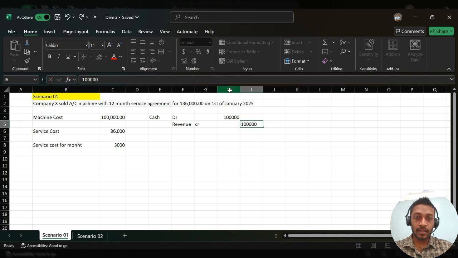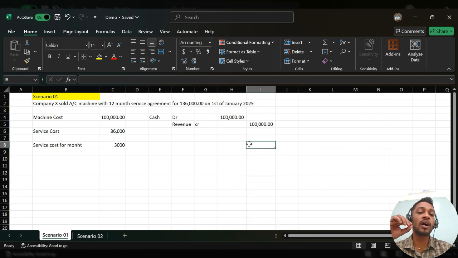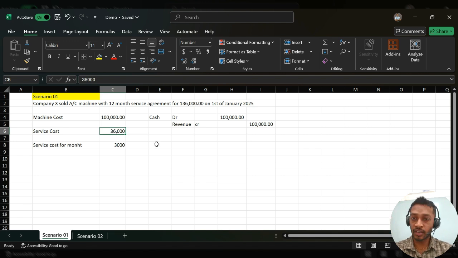But can we do the same thing for the services as well? No, you can't. You can't identify all this 36,000 as revenue on 1st of January 2025. The reason is that you have a commitment to do it, but you still haven't done it.